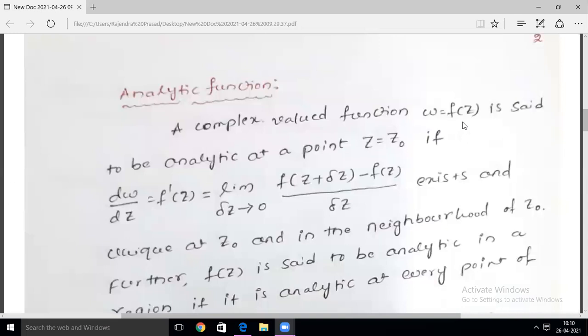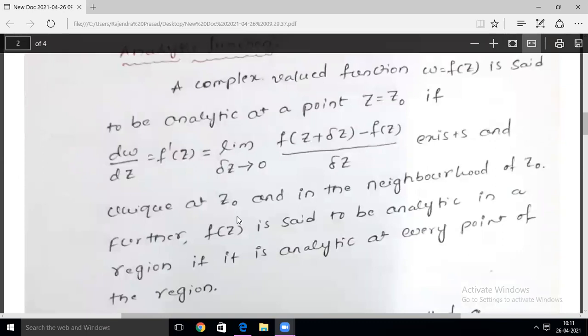W is equal to f of z, we have to differentiate this function, then we get dw upon dz, w differentiated with respect to z. Similarly, f of z differentiation is f dash of z, which is equal to limit delta z tends to 0, f of z plus delta z minus f of z upon delta z, which exists and is unique at z naught and in the neighborhood of z naught.